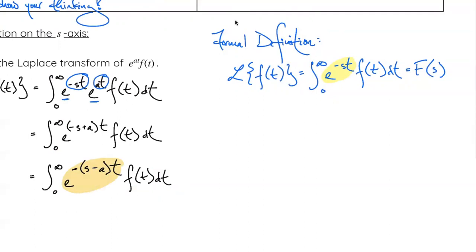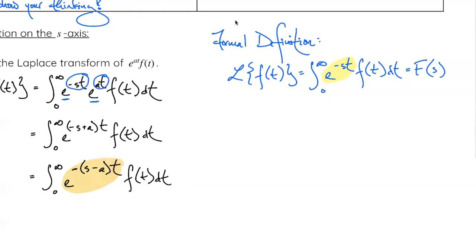So in particular, the part that is different is in the original, we had an s, and in the new version, what we might say is a translation. We're moving something in a specific direction. Now we have this s minus a.